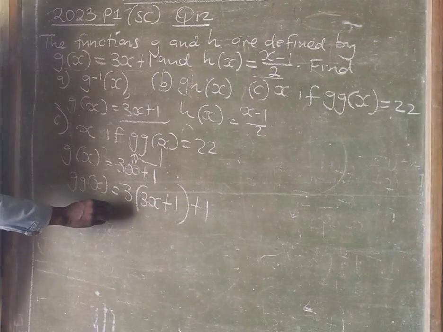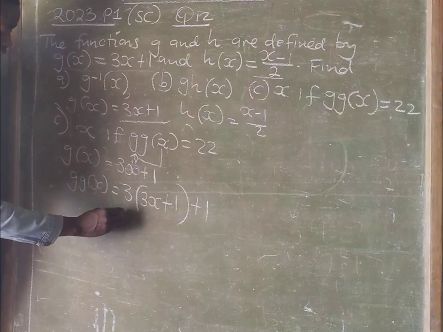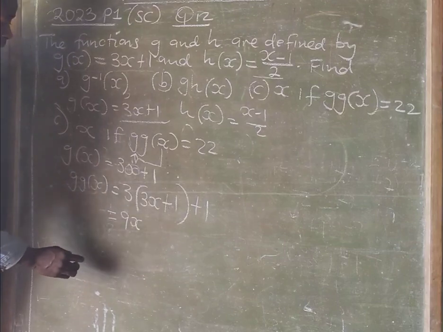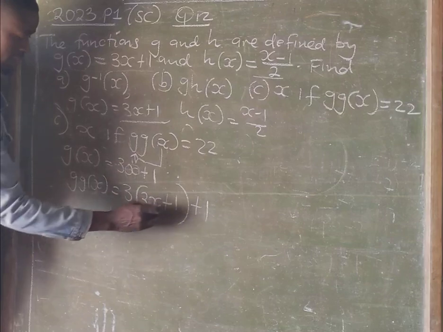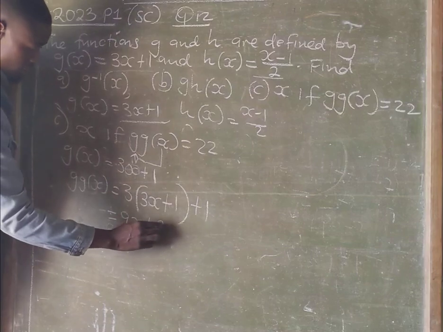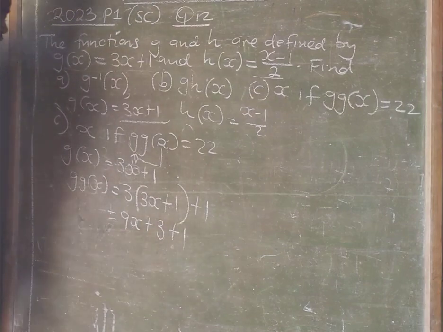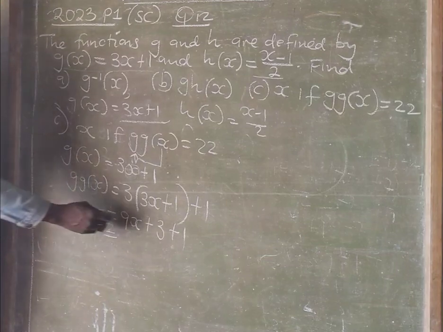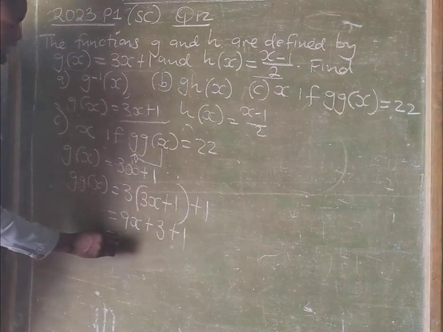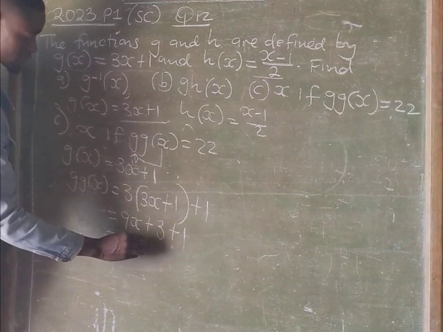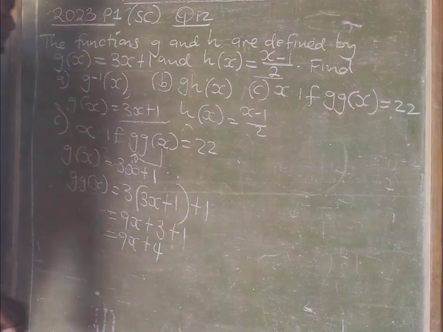Okay, so we have 3 by that is 9x. Okay, 3 by this, that is 3, then plus 1. 9x, so these are like terms you can add. So 9x plus 4.